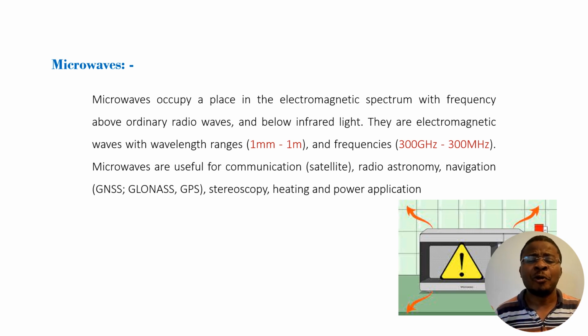Microwaves are useful for communication, satellite communication, radio astronomy, and navigation. In geoinformatics and surveying, we talk about the GNSS, the Global Navigation Satellite System, the GLONASS, and the Global Positioning System. We also talk about stereoscopy. And the simplest perception of the microwave, which we find in most of our homes, is the microwave oven, which we can use to heat our food, to boil pasta, and to prepare foods in an instant.